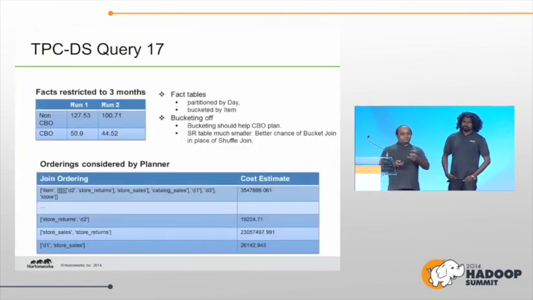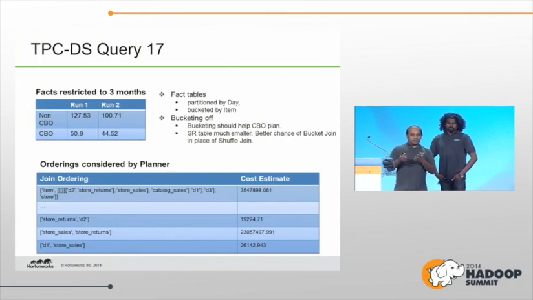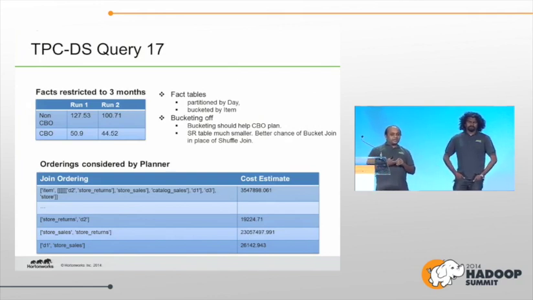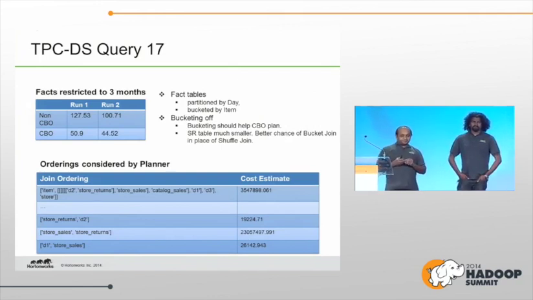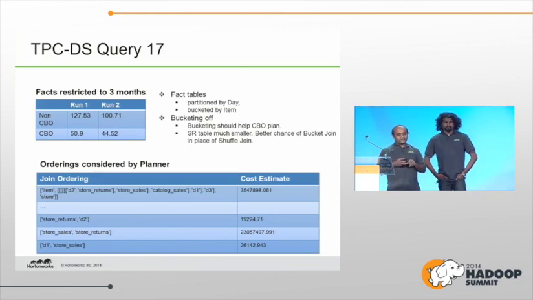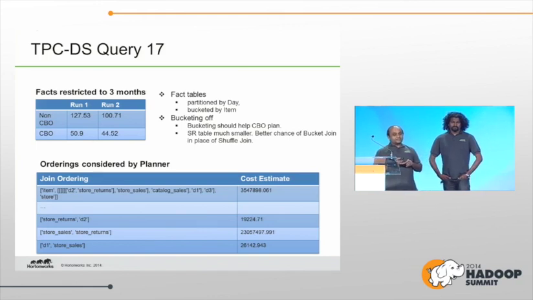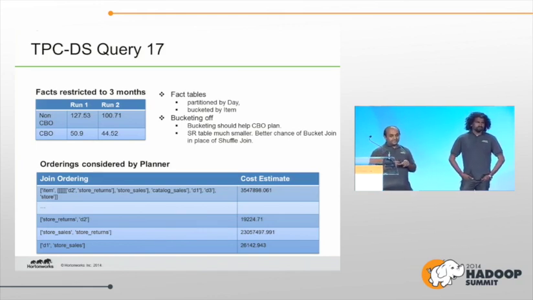This table shows what cost calculations went in. You can see that the 2 fact joins, store sales and store returns, are much more expensive, and that's why they were dropped. But the dimension joins have much lower cost, and therefore the one with the lowest cost was picked. The query runs also show around 2.5x time improvement.